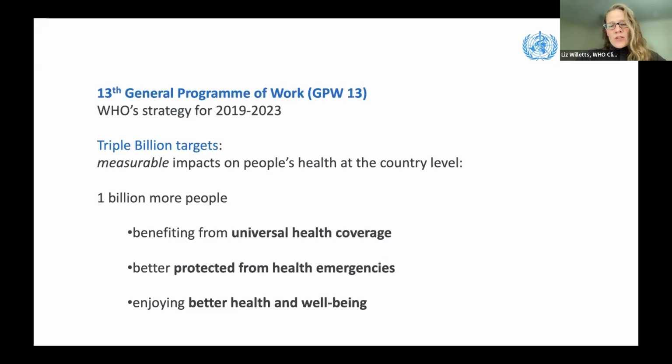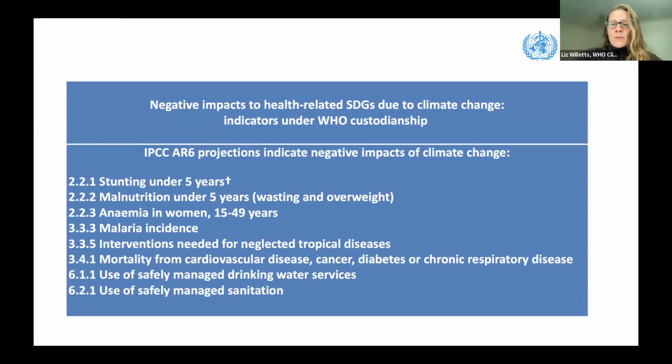And one reason I wanted to bring attention to this is that loss and damage hits all three of these targets. And then when we look a little more closely at the Sustainable Development Goals that are under WHO custodianship and that are health related, I've listed these here: stunting, malnutrition for under 5, anemia in women, malaria, neglected tropical disease, non-communicable diseases, drinking water, sanitation.